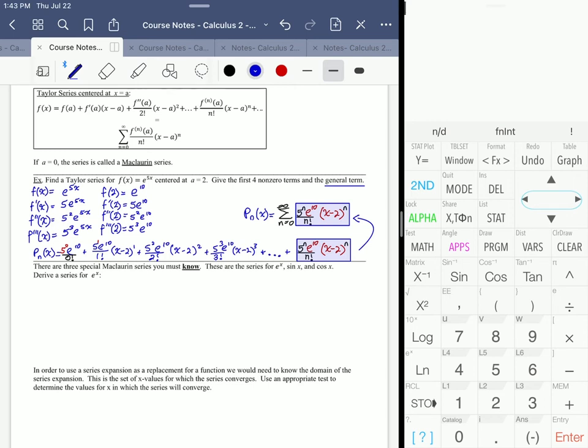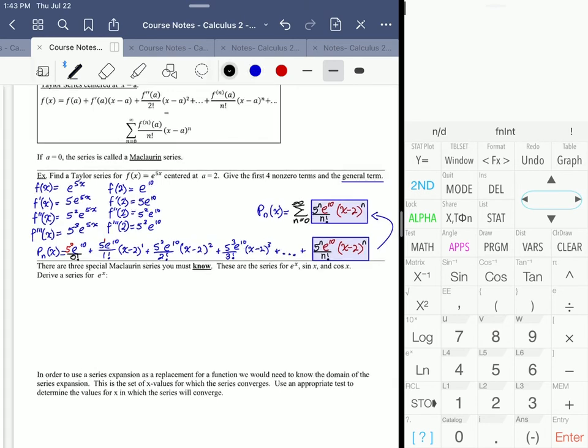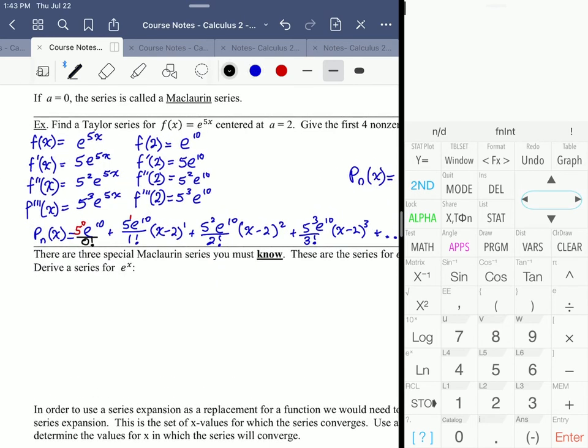All right, so looking at the Maclaurin cases, we'll start off with e to the x. So f of x is e to the x. The nth derivative of x is also e to the x. At 0 it is 1, for everything, the original function and all derivatives.